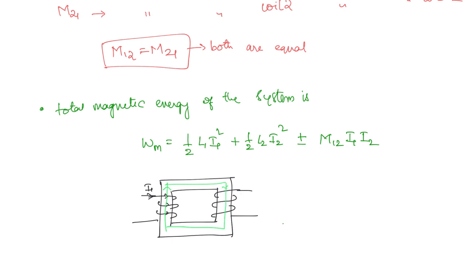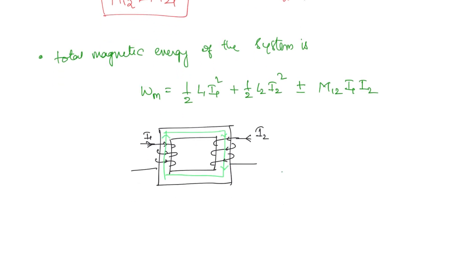Now let us say here also some current is flowing, I2. So this current is like this. Now if you apply the right hand rule, then again you are going to get a field in the same direction as that which is produced by I1. Okay, so in this case the fields are strengthening each other. Strengthening field directions.